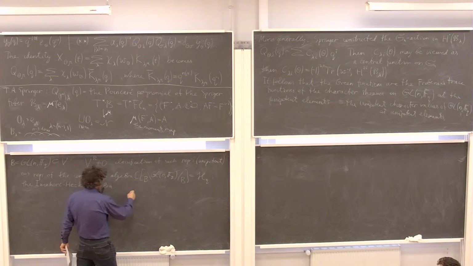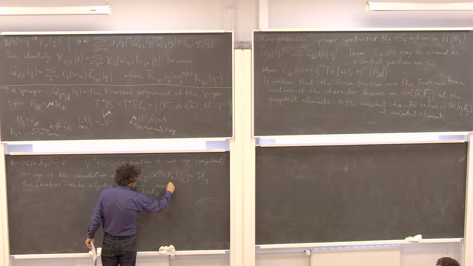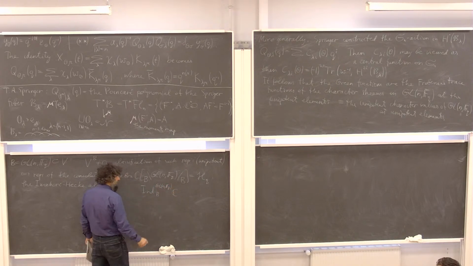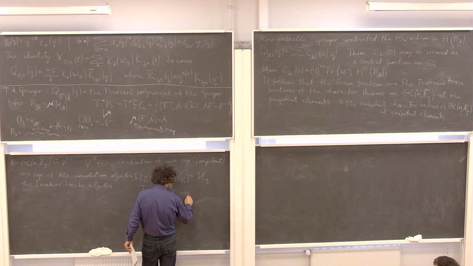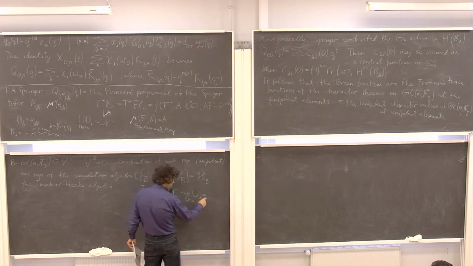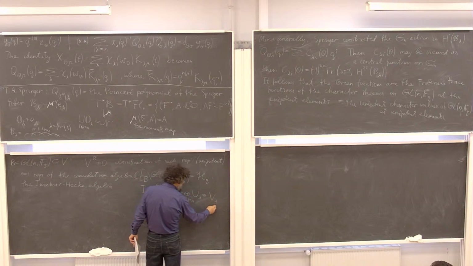So in other words, you can take the induction from Borel to GL_n(F_q) of the trivial representation, and it's the direct sum over all partitions of the corresponding unipotent representation U_lambda, tensor a multiplicity space, and this multiplicity space turns out to be isomorphic to the irreducible representation of the symmetric group.